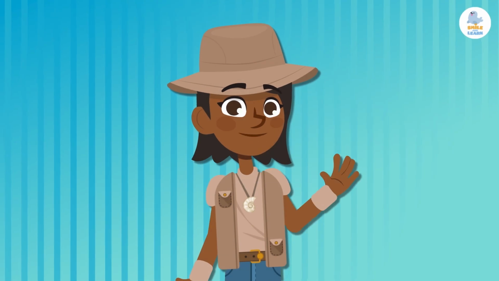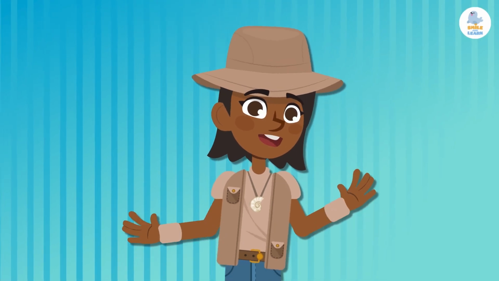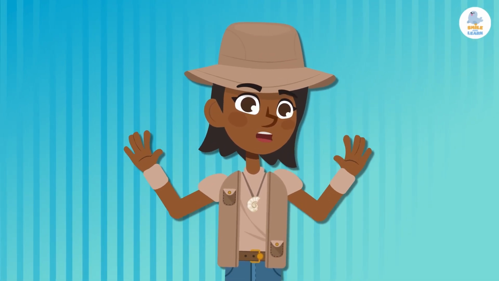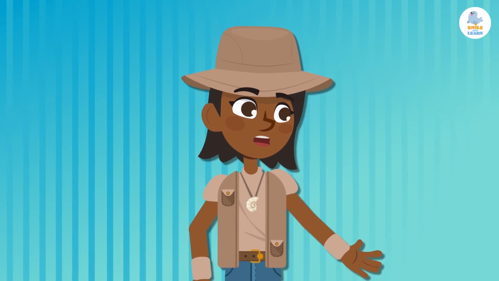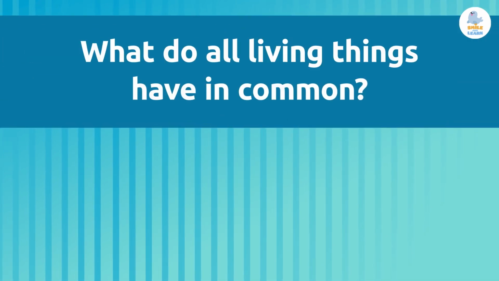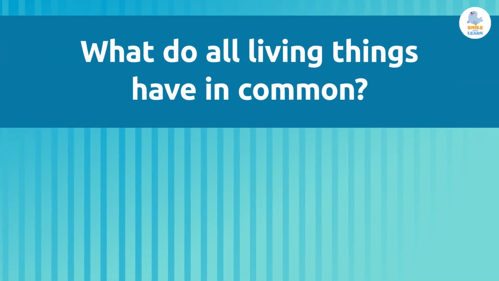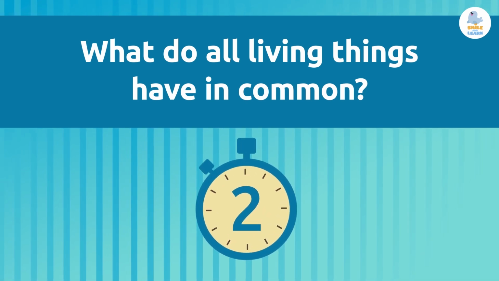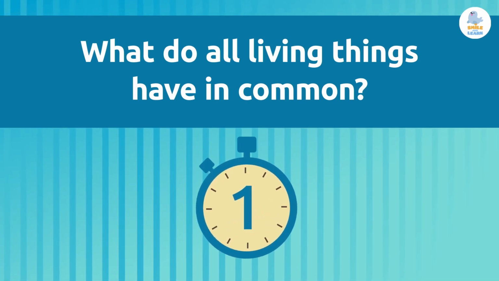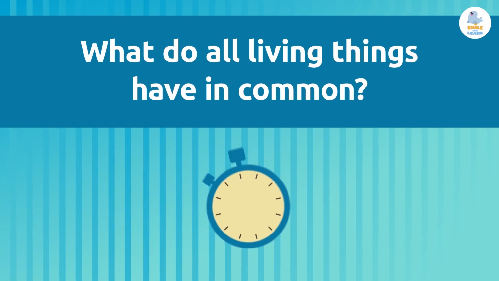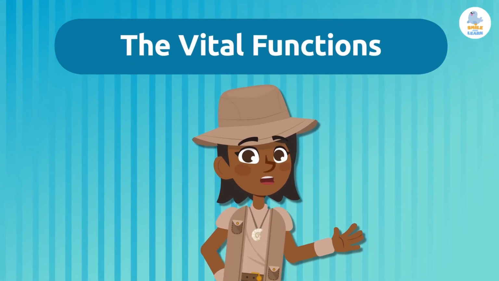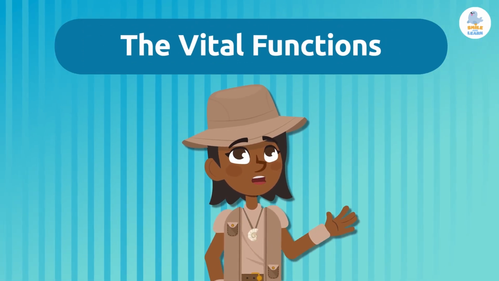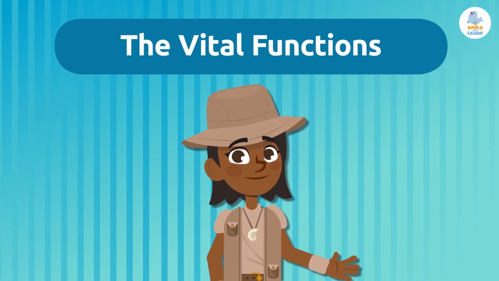Hello, everyone! Today we're going to learn how we classify living things. First, let's start with a question. Do you remember what all living things have in common? And the answer is that they all fulfill the vital functions.